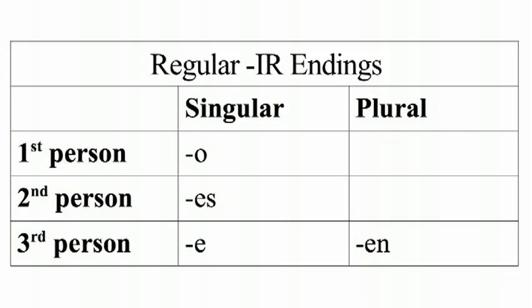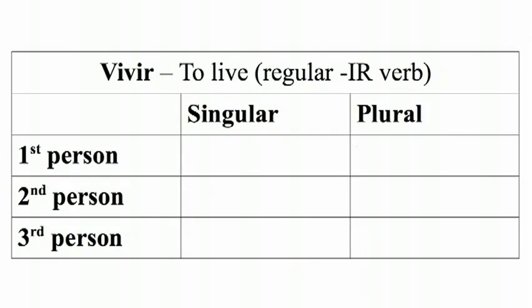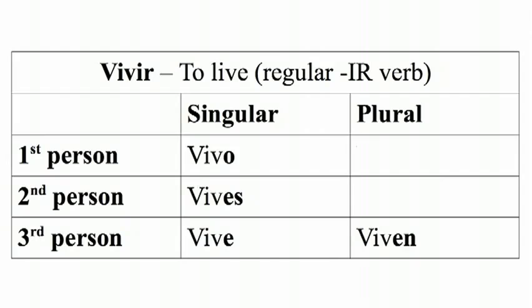For IR, you have o, es, let's skip nosotros and vosotros for a second, and then last you have en. So with our verb vivir, that gives us vivo, I live, vives, you live, vive, he or she lives, or you formal live, and let's skip nosotros and vosotros, viven, they live, or you live.